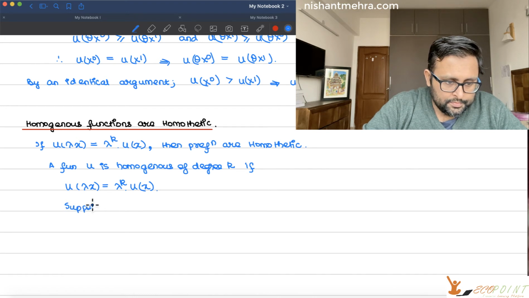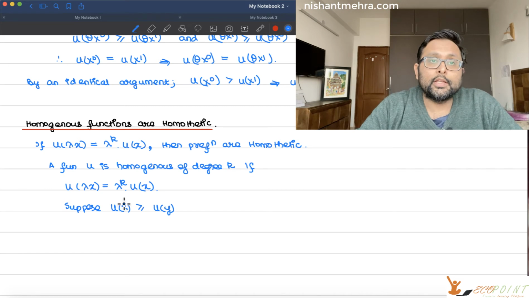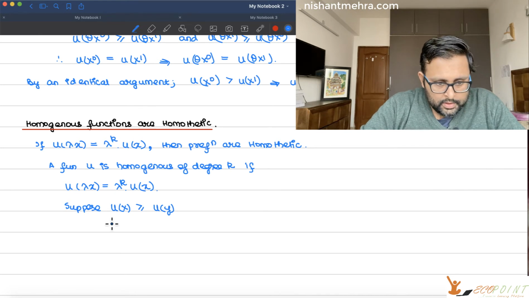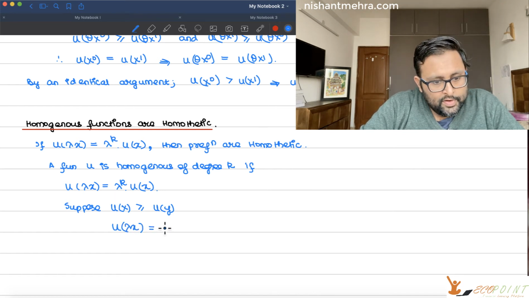Now suppose u of x is greater than or equal to u of y. So there are two bundles, x and y, and the utility which you get from x is greater than or equal to the utility which you get from y. And u is homogeneous of degree k, so u of lambda x could be written as lambda to the power k u of x, right?